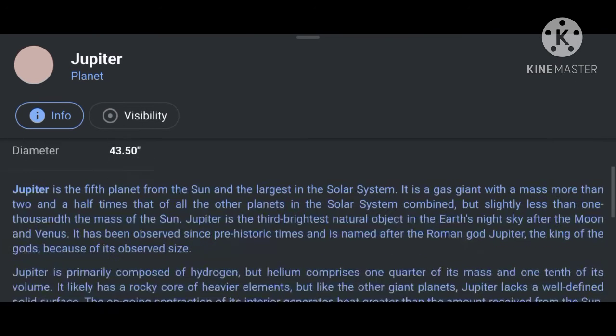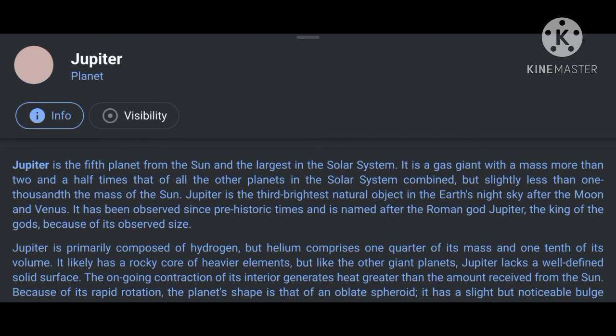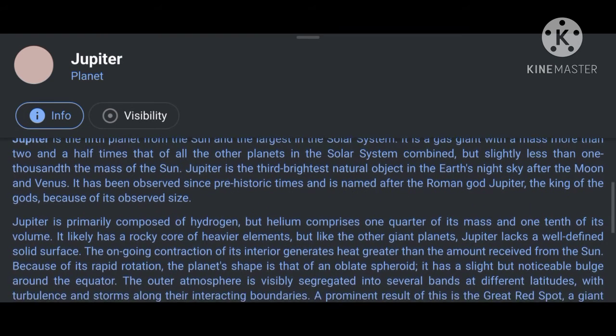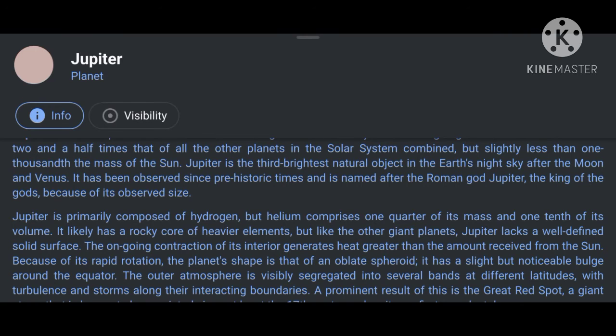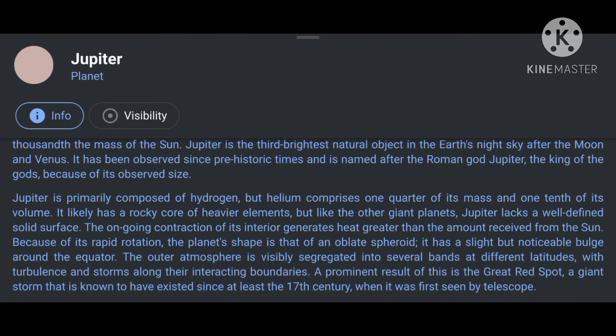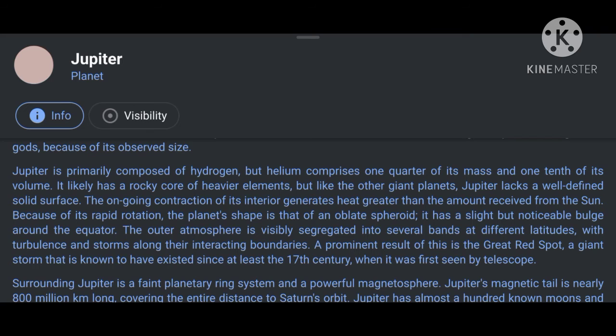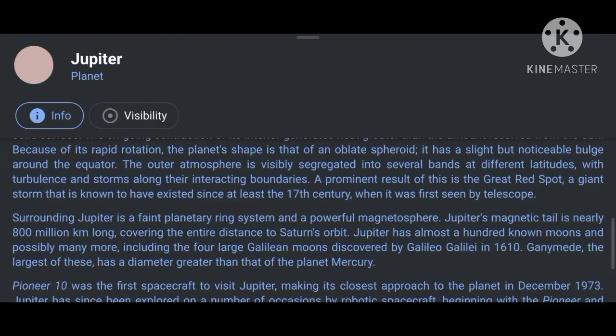So we can swipe up and look for interesting information about it. It is the third brightest natural object in the Earth's night sky after the Moon and Venus. It is primarily composed of hydrogen, but helium comprises 1/4 of its mass and 1/10 of its volume. It has a rocky core of heavier elements. Jupiter lacks a well-defined solid surface, unlike the terrestrial planets.